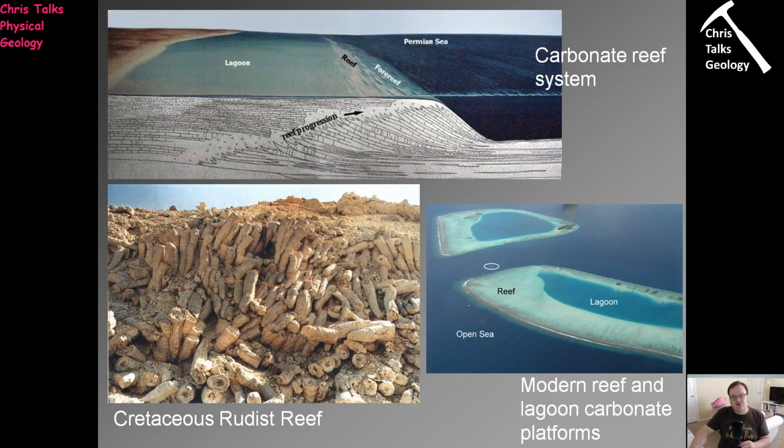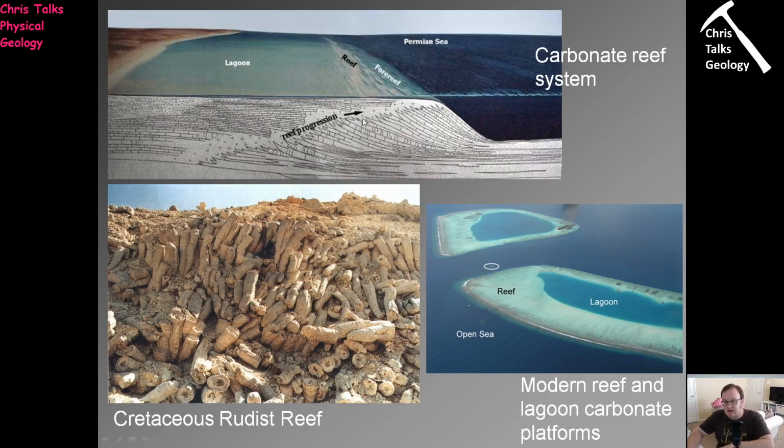You'll get large quantities of this micrite forming back here in the lagoon. You'll also get other things like ooids forming. And so you get a very, very distinct series of carbonate rocks back here. You have very fossil-rich carbonate rocks forming in the reef environment, and you get a whole load of carbonate rocks with lots of fossils forming in this area, which is called the forereef.